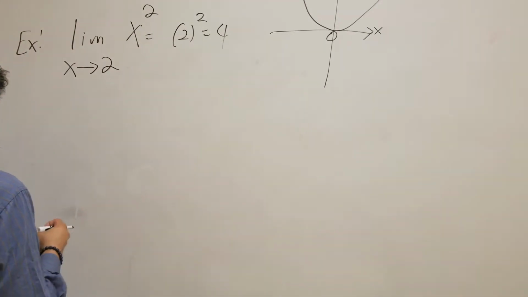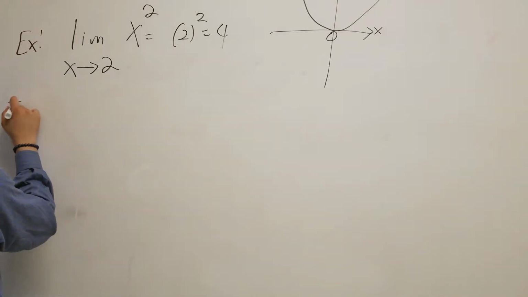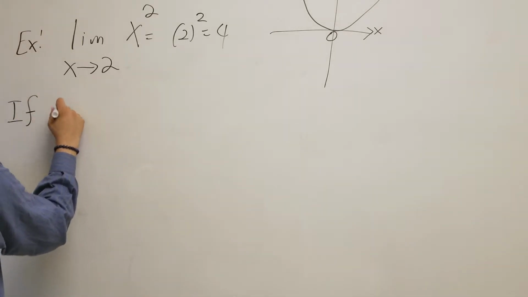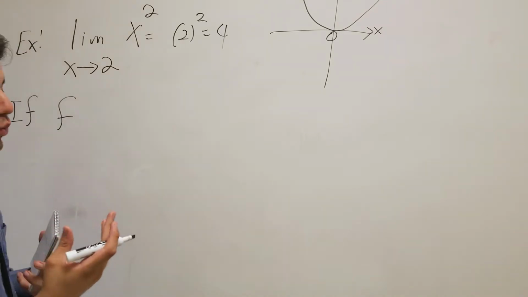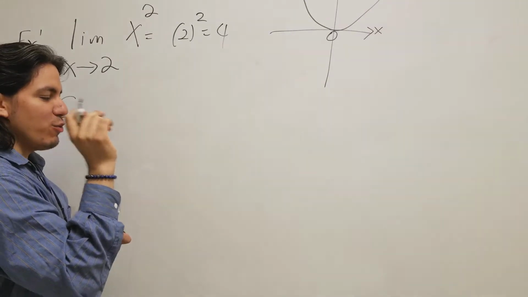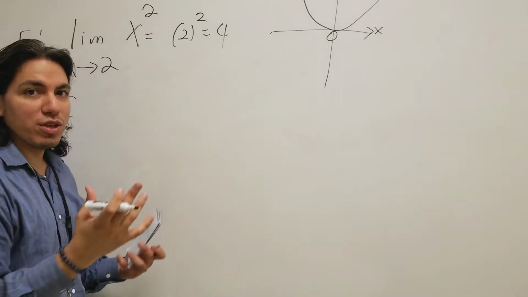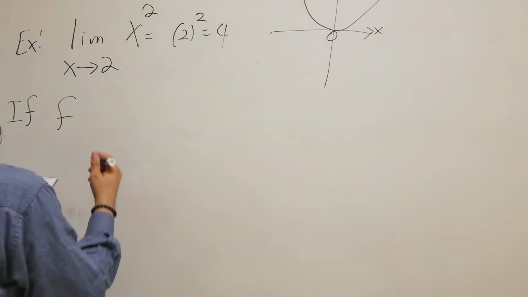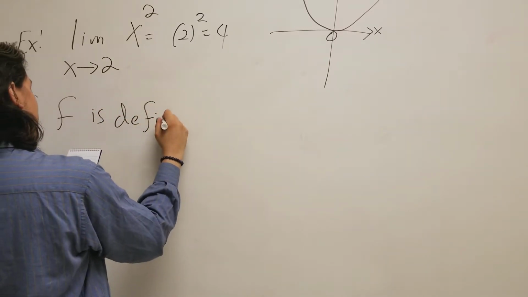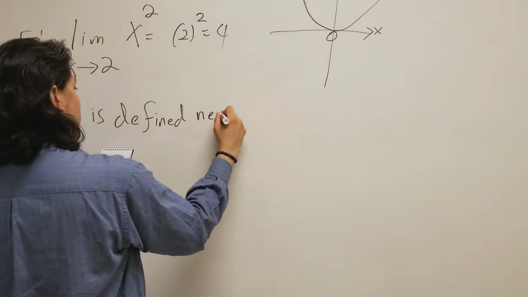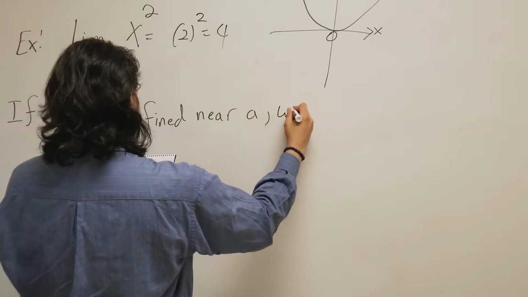Now let's get a counterexample. What happens when you put the quarter in the vending machine and it blows up? What do we call that? Well, f is defined near a.